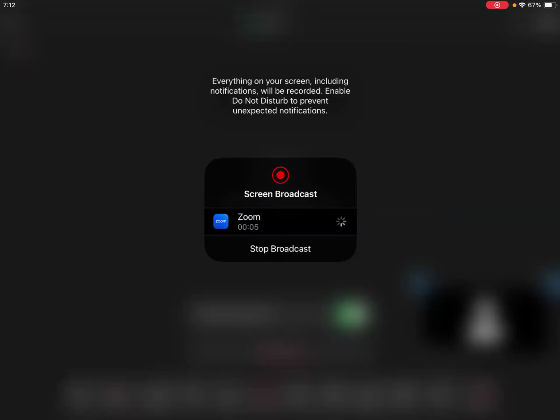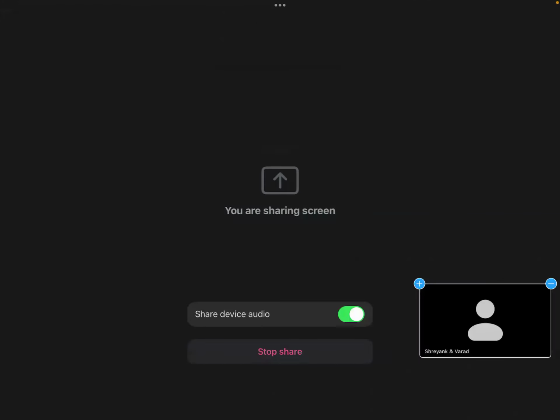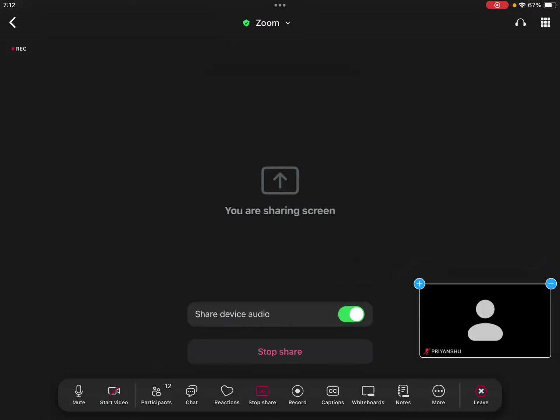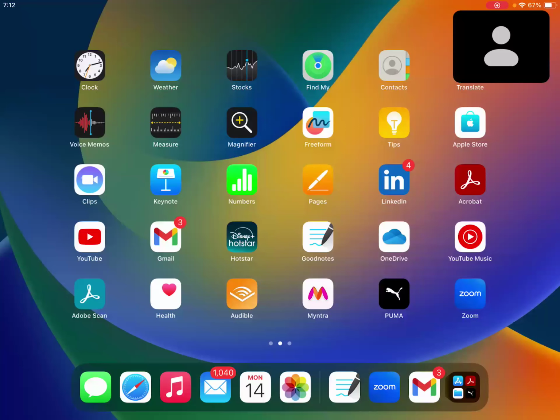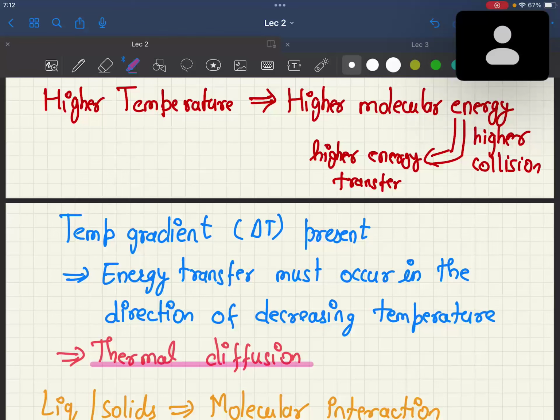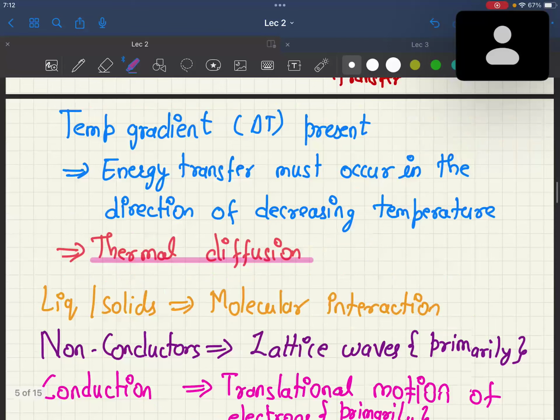Can you see the screen now? Yes. Now the screen is visible.